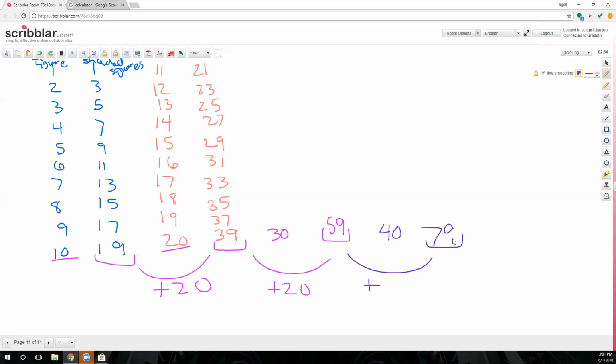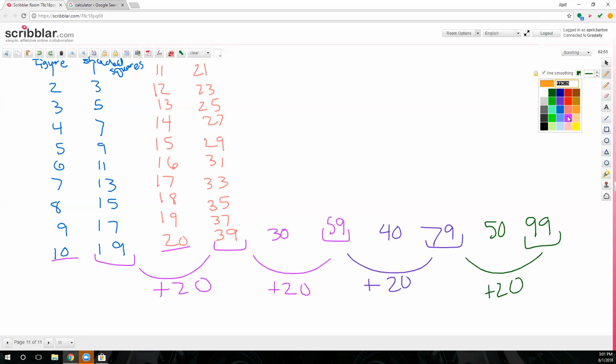79. And so then one last time, we already know it's going to take us up to 99 because we found that answer with the formula. But if we're writing it out, it takes us up to 99. So if you don't see that secondary pattern, you can always just keep writing it out.